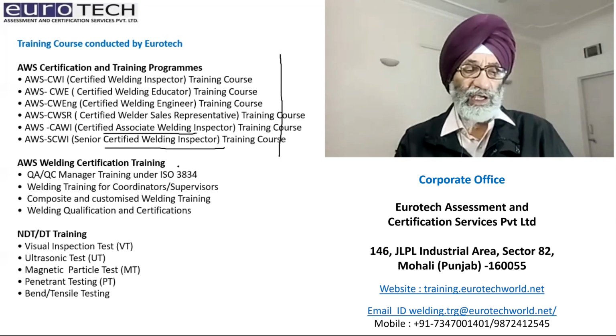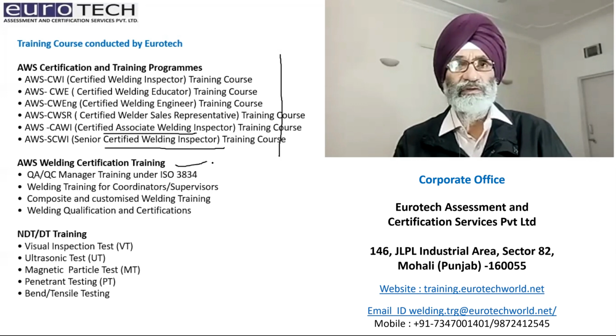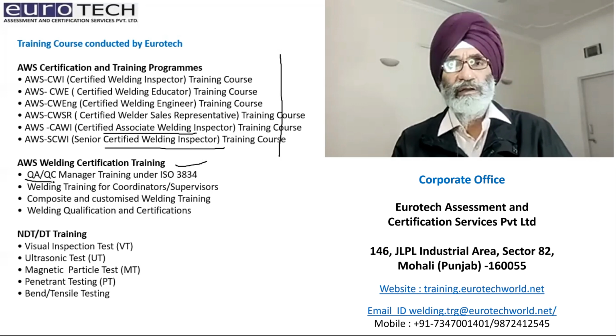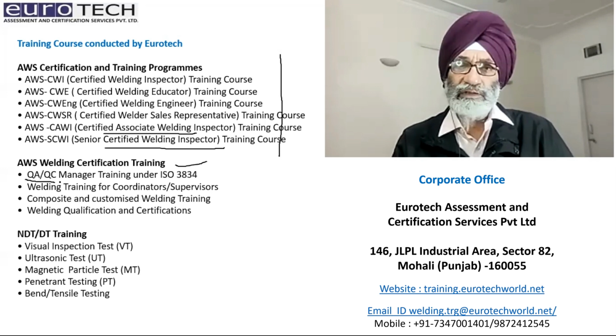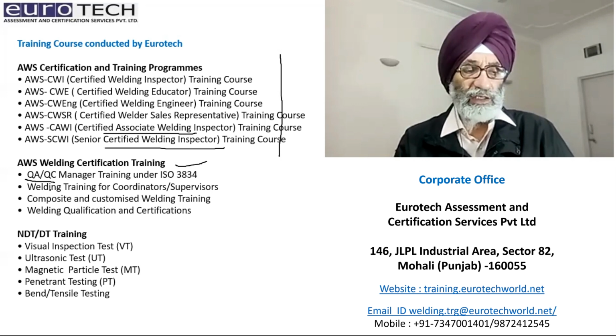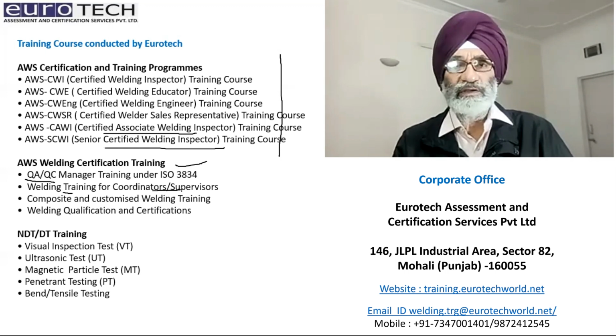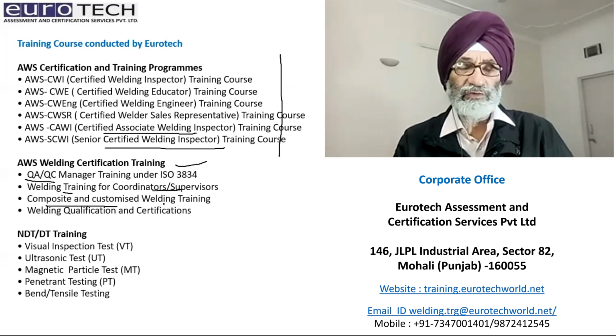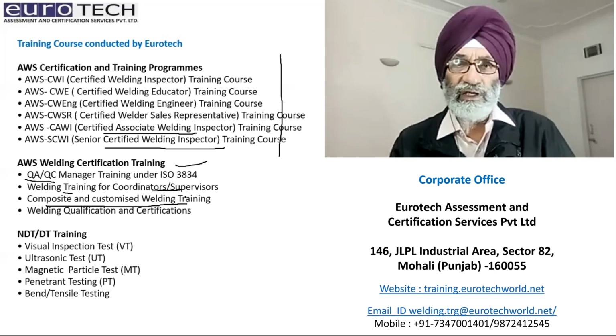In addition, we carry out some other certification courses, which is the Quality Assurance and Quality Control Manager under the ISO 3834, which is a very prestigious course. We also carry out the welding training for coordinators and supervisors, and also for the companies who wish to get their welders trained.